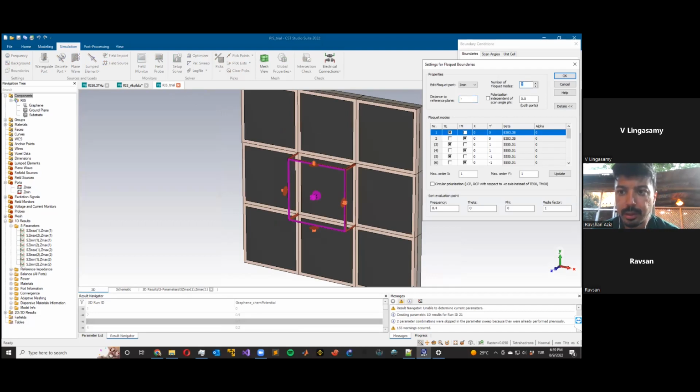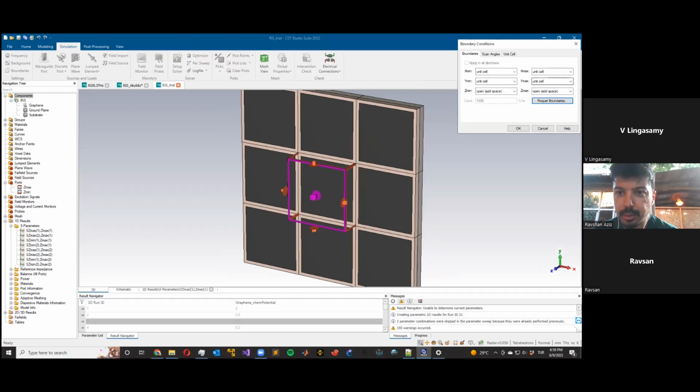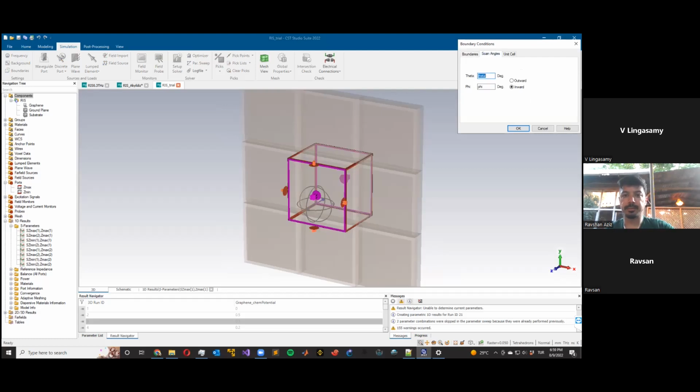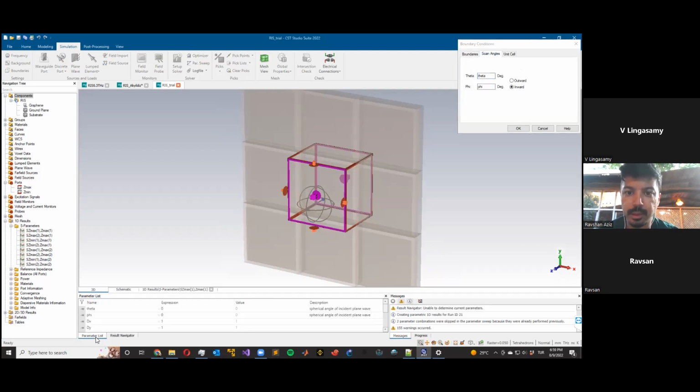Here you can see the number of Floquet modes is 2 for vertical as well as horizontal. Here you can put a design frequency. Then theta and phi, two parameters are there, right? These parameters are initialized as 0.